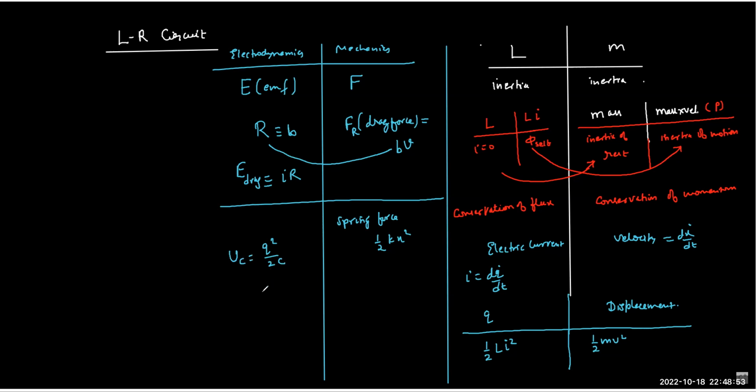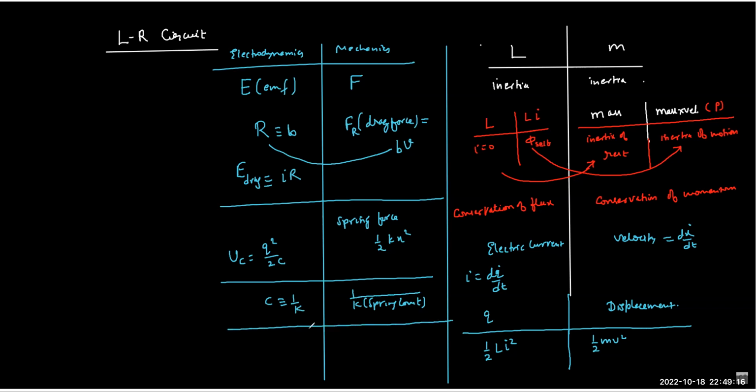So this is the energy stored in a capacitor. So you can also understand that the role of c is equivalent of 1 by k. So inverse of spring constant is like capacitance of a circuit.